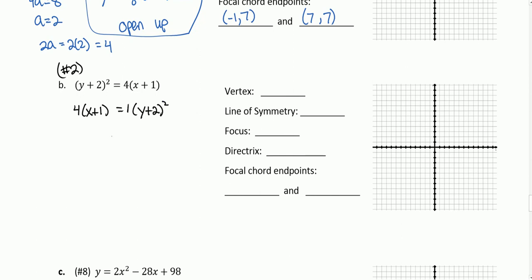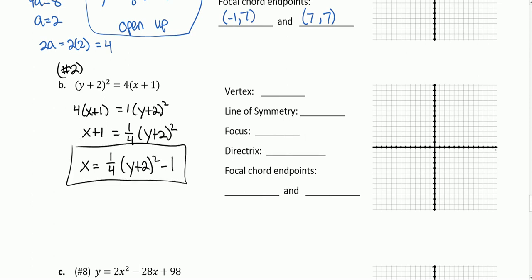Don't forget there's an invisible 1 in front of the parentheses, so when you divide by 4, you get x + 1 is 1/4 times (y + 2) squared, and then subtract 1. And we have the form that we want to work with. It should look like that.